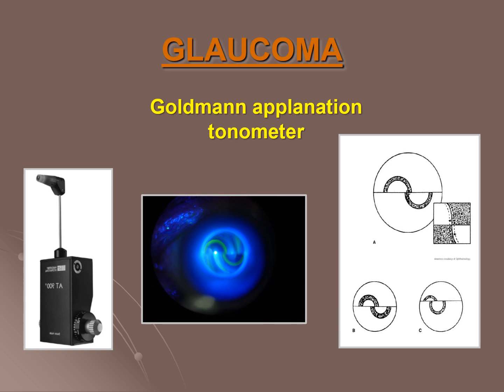This is the end point where two semicircles join one another. You can see in the central picture, where we have used fluorescein, the two semicircles touching one another. It is the end point.